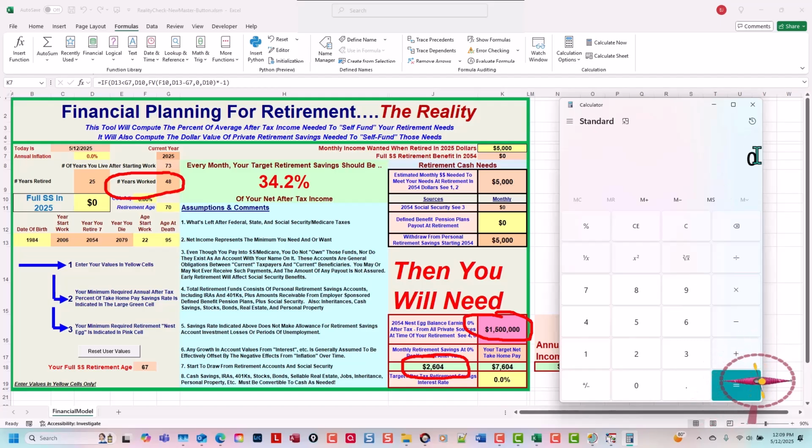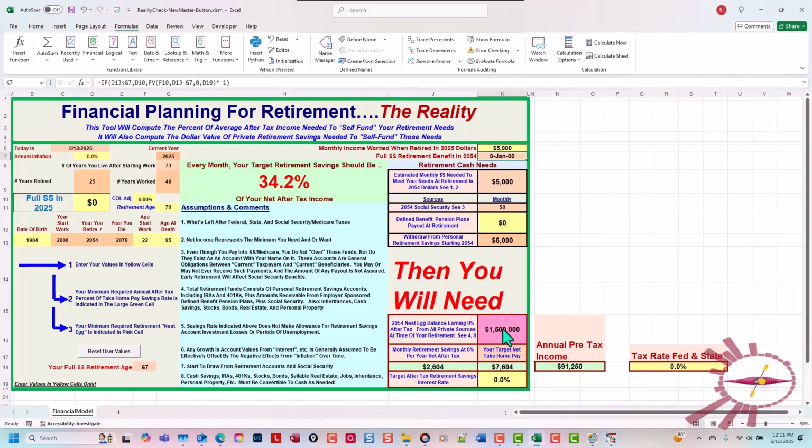Going back to our Windows calculator, if we take $2,604 a month times 12 months a year times 48 years that we worked, we get essentially $1.5 million. The difference between these two are very slight rounding errors due to the computations used in the spreadsheet.